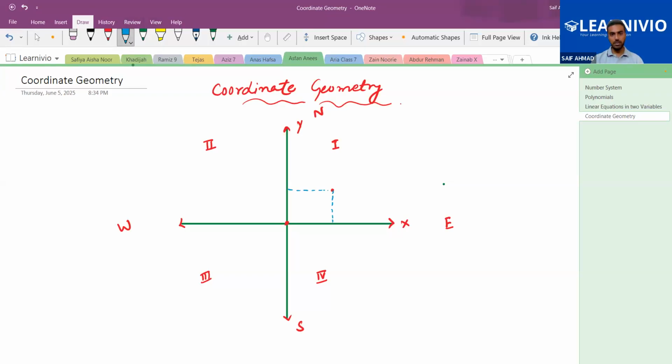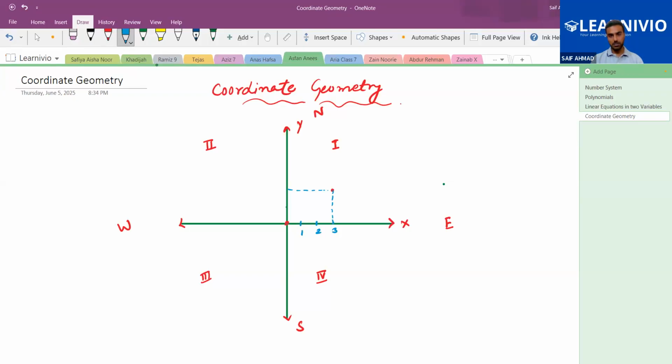For example, this point is 3 units from the origin on the x-axis: 1, 2, 3.